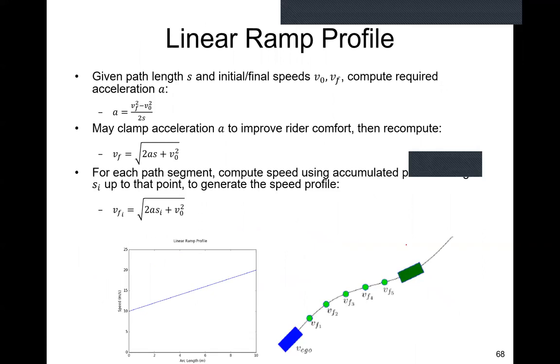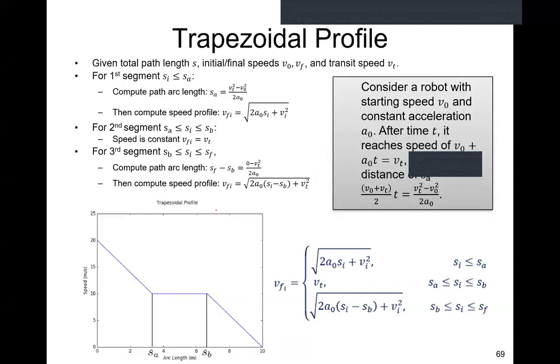For a linear ramp profile, given a path length s and initial and final speeds v0, vf, you can compute the required acceleration. I have some explanation in the next slide.